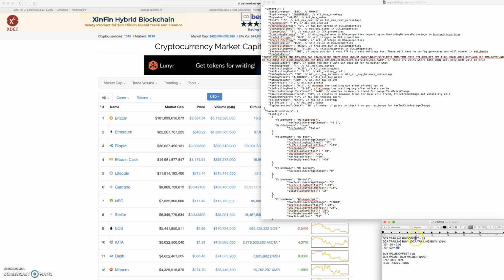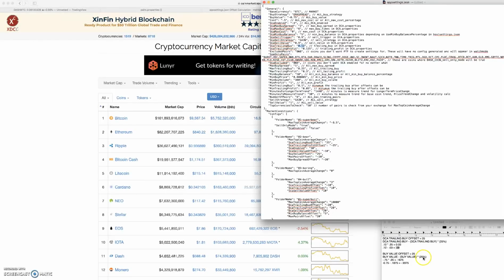So what I did was I wanted to offset this by 25%. So down here, I have my 0.12 times 0.25, which is 25%, is equal to 0.03. And the equation is 0.12 minus 0.03 is equal to 0.09. So now instead, in my bear market, this DCA trailing buy is not 0.12. It is 0.09 in my bear market.